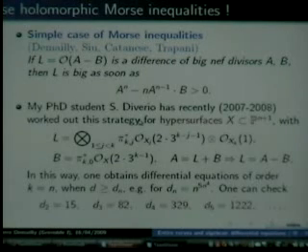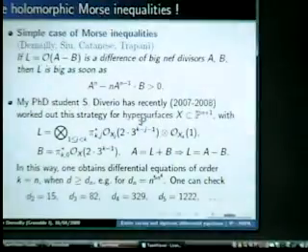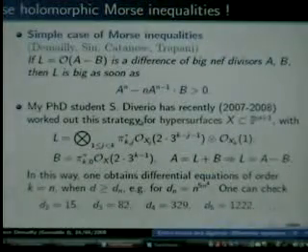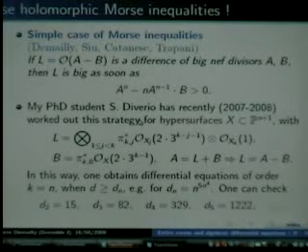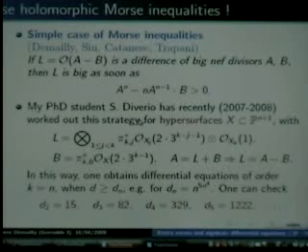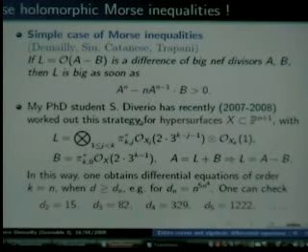And then very recently, Simone Di Verio used this by applying it to the geometry of the jet spaces, made computations, and could prove for general hypersurfaces in projective space that you do have these operators. So this is the way it was done.